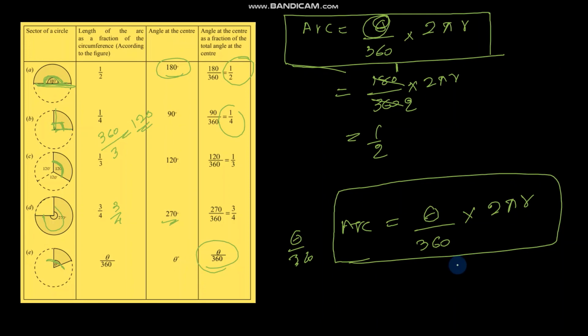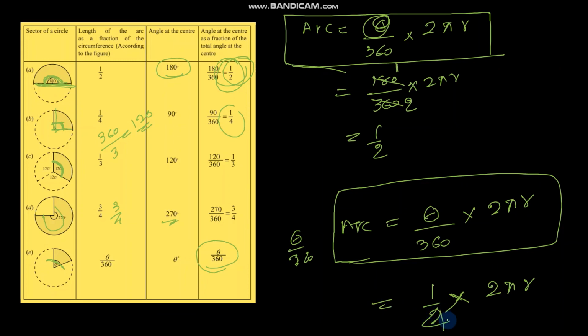But if it is too hard for you to stick to this one and figure out the specifics, you can remember this: the total circle's perimeter is this. If it is half a circle, you multiply it by half. If you get a quarter of a circle, you multiply by a quarter.